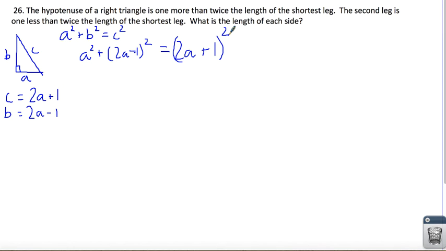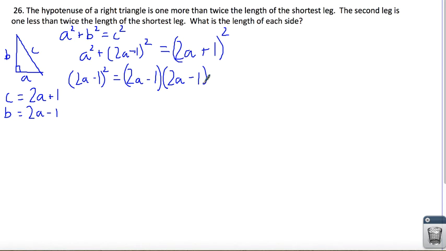So let's just break these up into two parts. (2A minus 1) squared is going to be 2A minus 1 times 2A minus 1.